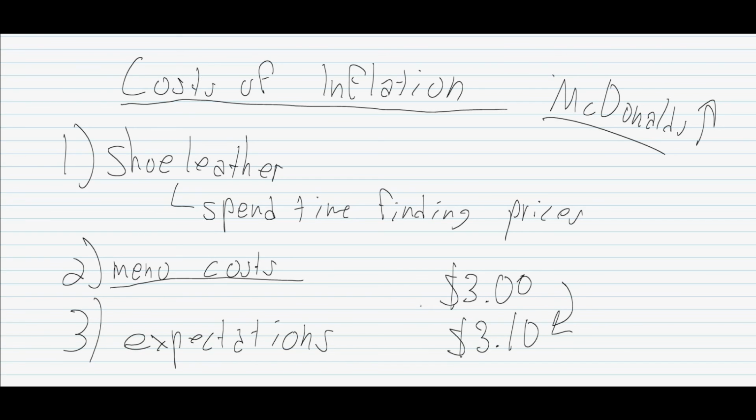So after time, you're going to adjust to that. You're going to deal with it, and eventually, that's going to increase again to $3.15, and you're going to be angry again because you thought it was going to be $3.10, and then that's going to increase again to $3.20, and you're going to be angry again because you thought it was going to be $3.15. That's what we pay in our expectations.